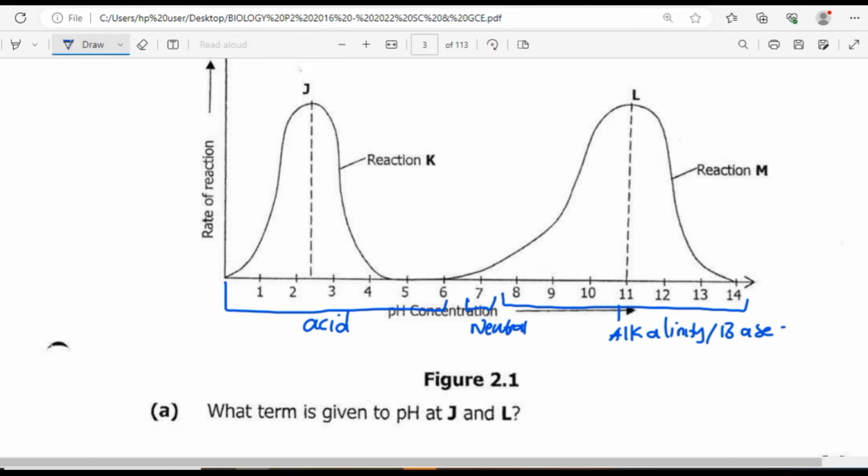So at J, this is the highest point reaction K reached. Also at L, it's the same. So this point is what we call optimum. The word optimum is not only concerned with biology. The word optimum is just the term that talks about the point at which something is at its best operation.